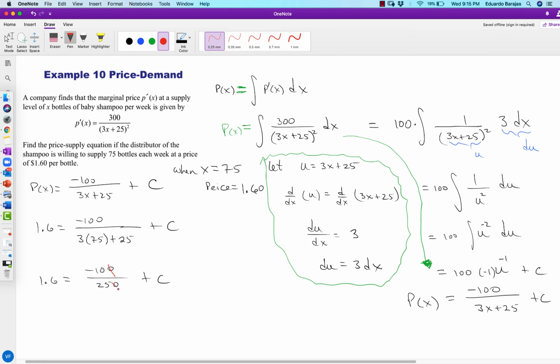Here we can easily reduce an extra 0. That's 10 divided by 25. 1.6 equals negative 10 divided by 25 plus c. And now 5 goes into 10 twice, and 5 goes into 25 five times. So 2/5: 1.6 equals negative 2/5 plus c.